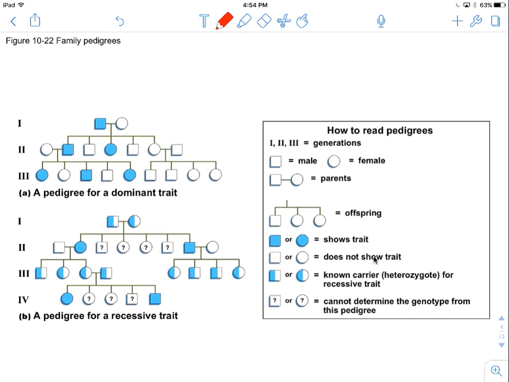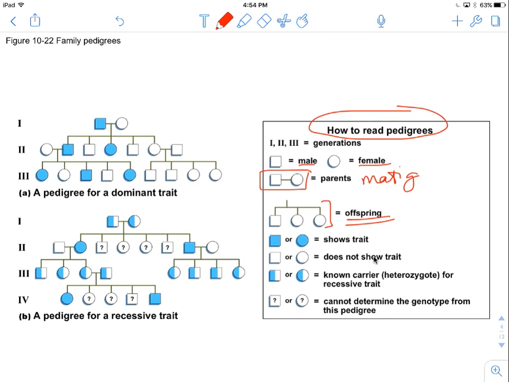Okay, here's a little how-to on reading a pedigree. A square is a male, a circle is a female. A line between the two indicates a mating, not a marriage, a mating, although often it also involves marriage. The squares or circles coming off of a mating are the offspring from that mating.